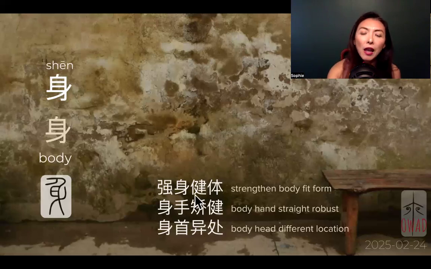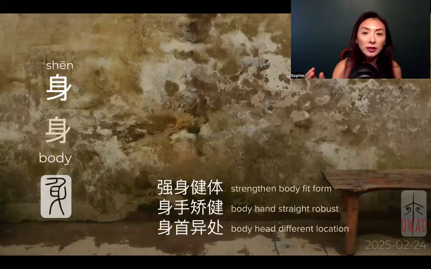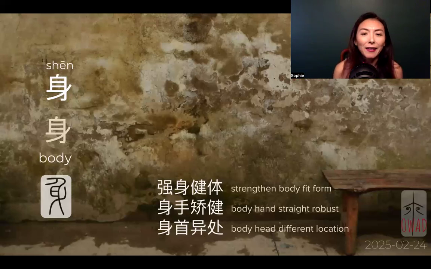Okay. 身手矫健 is another expression for Chinese to, I guess, appreciate robustness. And we use 矫 as if it's staying straight, but I guess it's to tune your nervous and muscle system so well that you're going to do whatever sports you choose to do. 矫健 is like you're going to be fast, you're going to be strong.